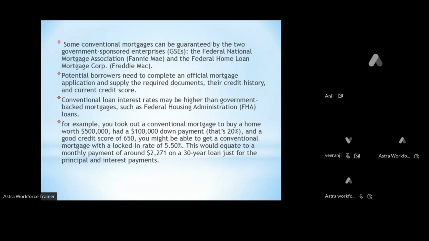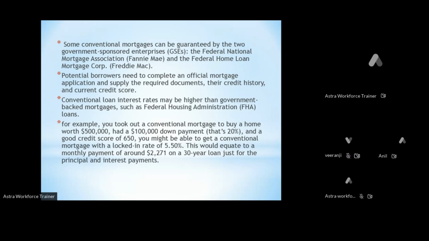Okay, so as I said, even for the down payment, the conventional loan people have to pay on the higher side. So the LTV is 80%, so 80% they have to cover.